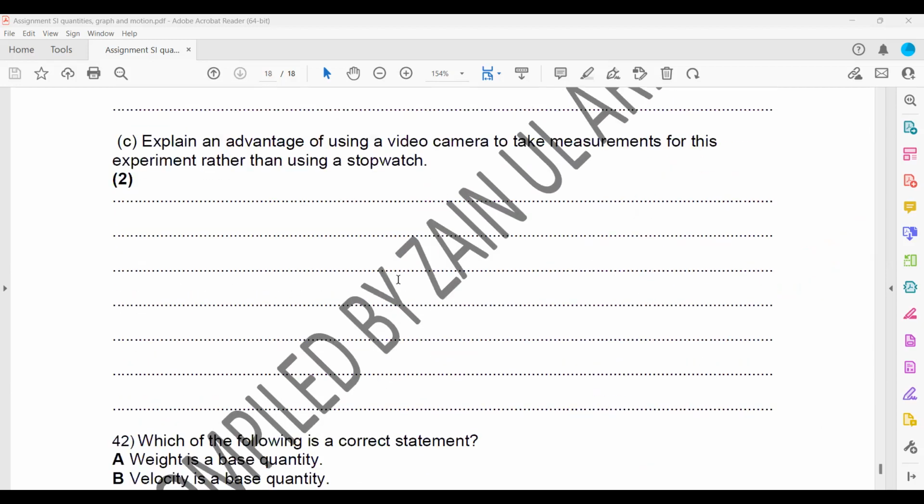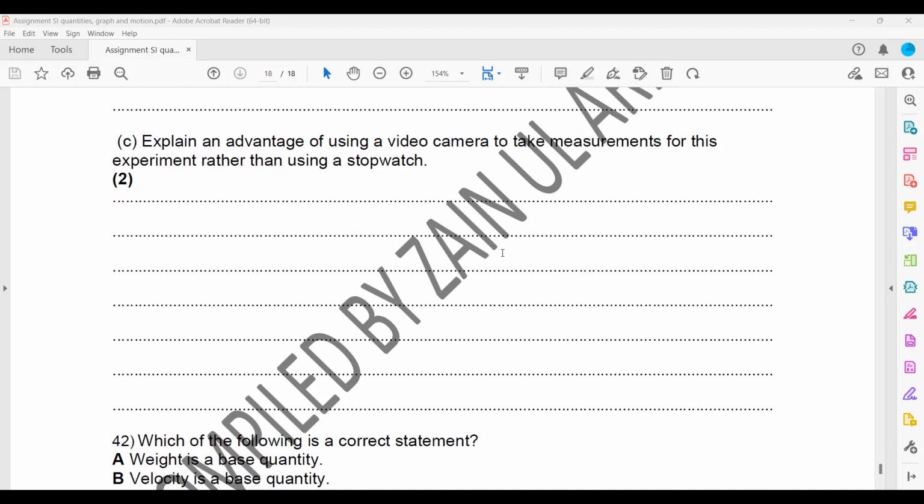Then explain an advantage of using a video camera to make measurements for this rather than a stopwatch. When you compare, in a video camera there is no reaction time, so it reduces uncertainty or measures more precisely. The video camera can be paused or stopped to take a reading in between, and it measures the times exactly, and we can change its position or orientation with reference to the meter rule.